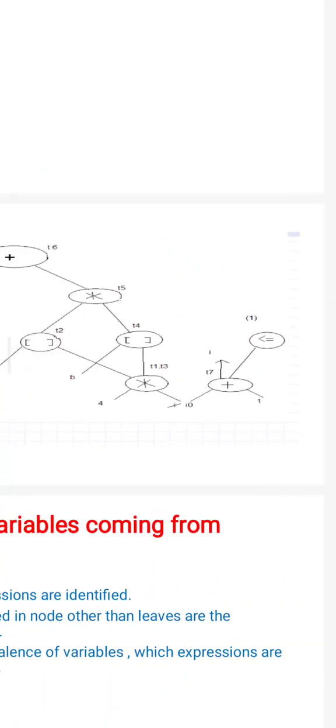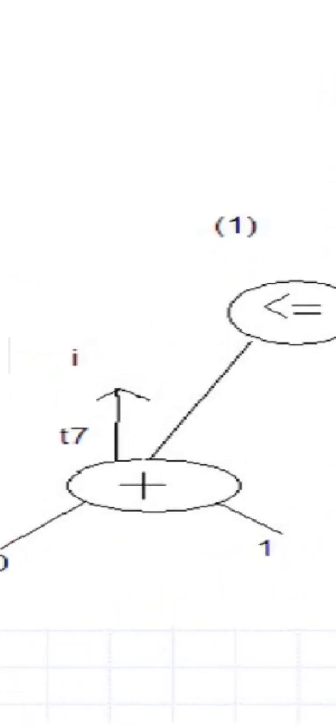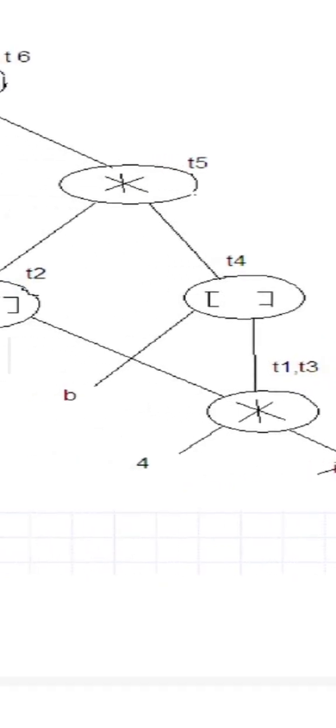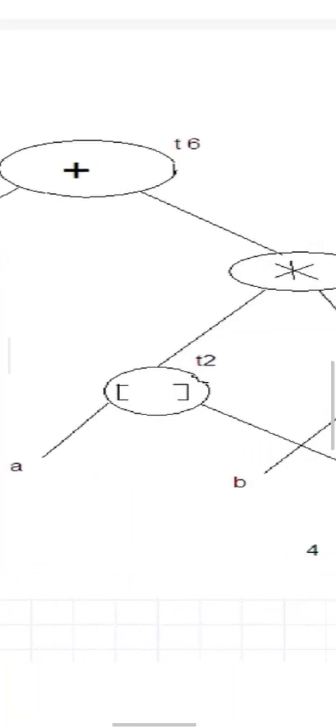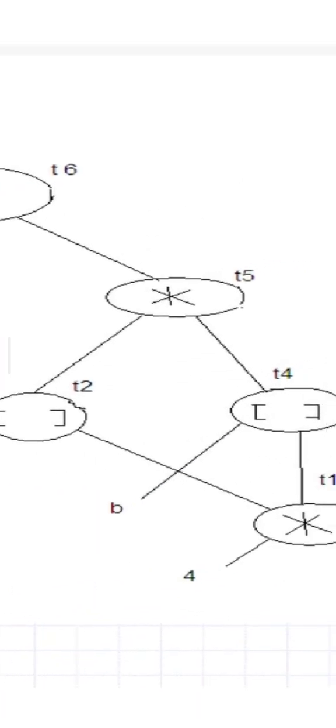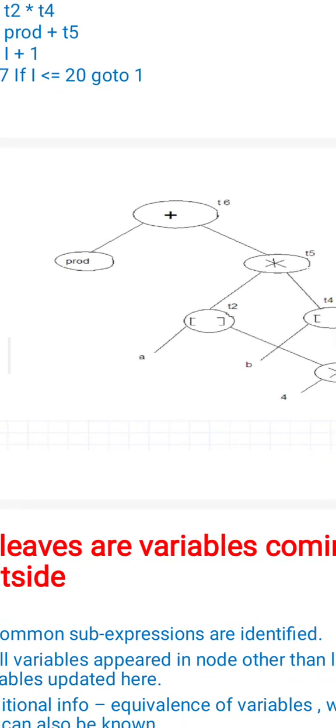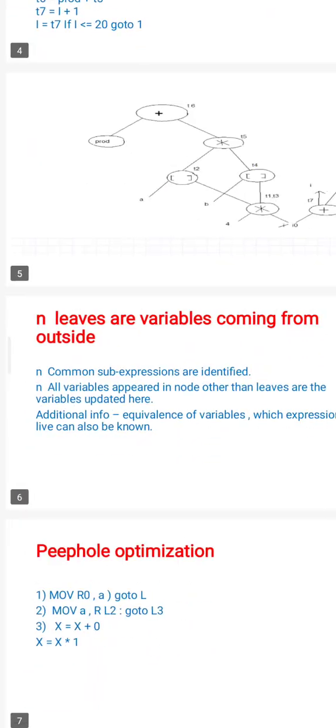Like that, see here, the statement if i is less than or equal to 20, go to 1 is used here. And then a[t1] we can store here, and then b[t3], and the product plus t5. So this can easily be found at the graph level.